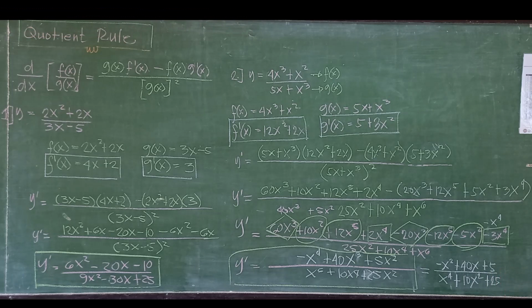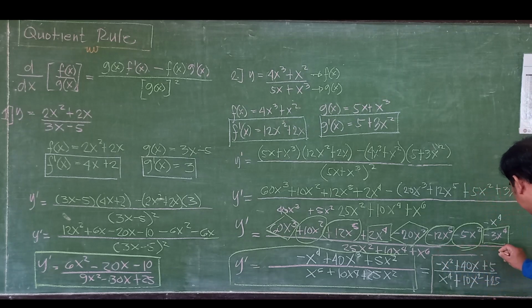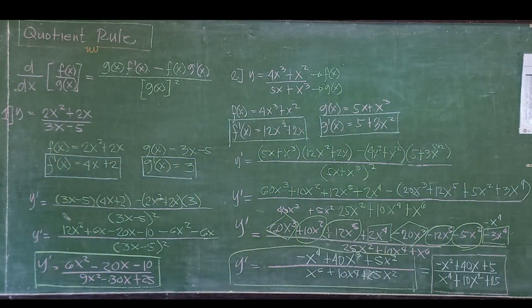And so, this will be the final answer. But of course, before you say this is the final answer, you have to go over it again, you have to review it again. So that is how to do the problem.